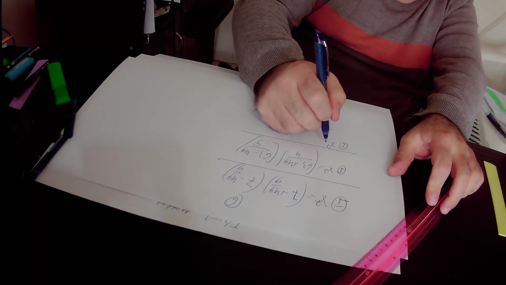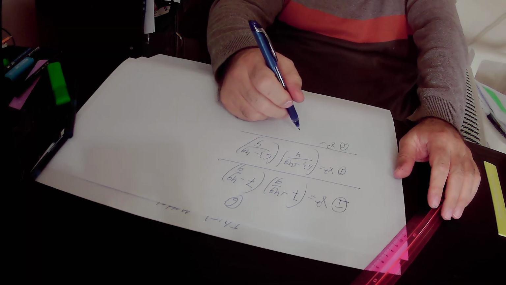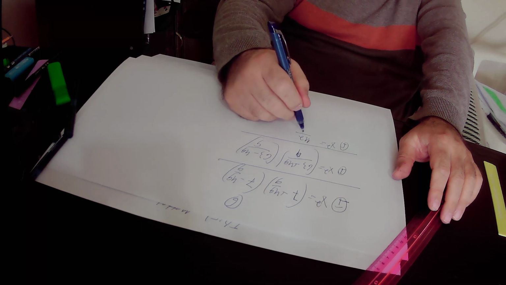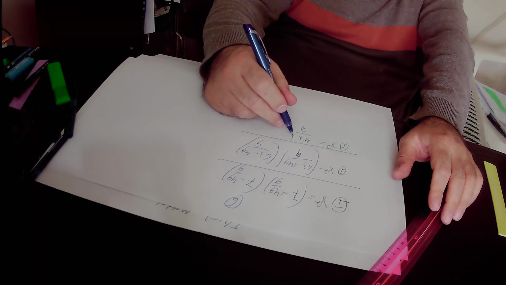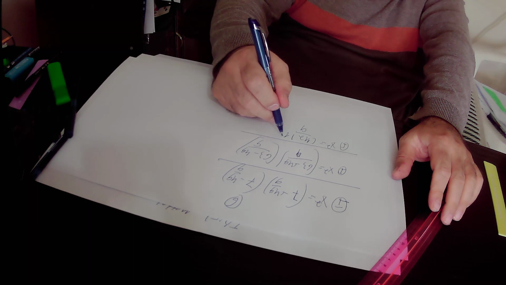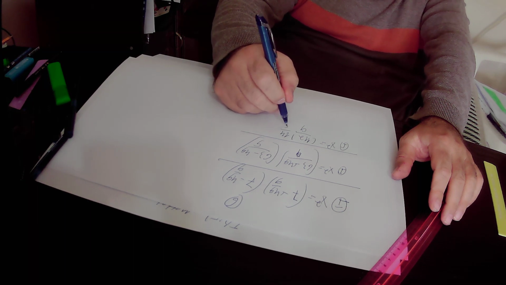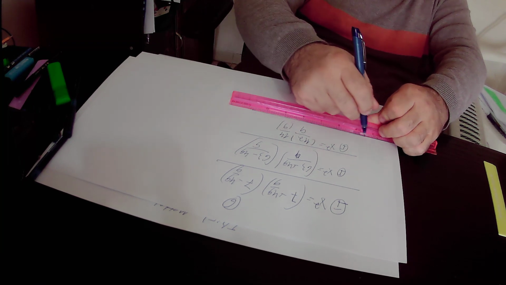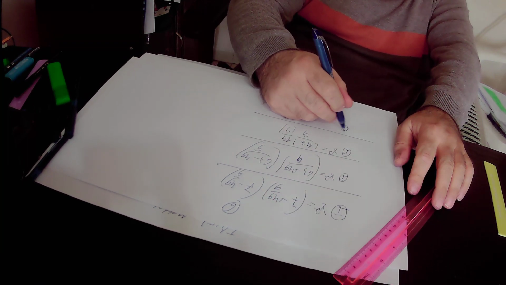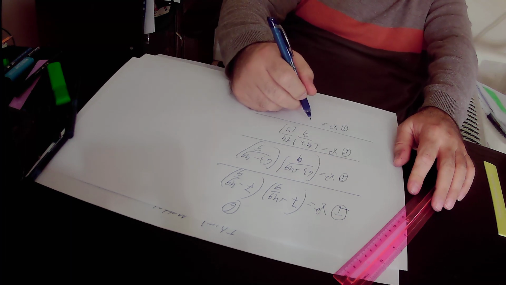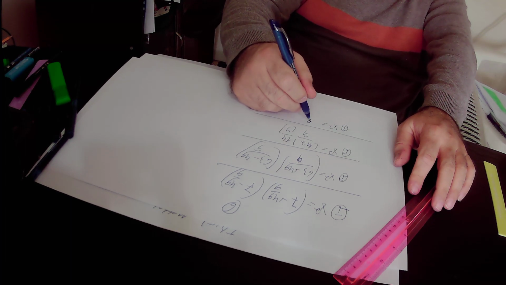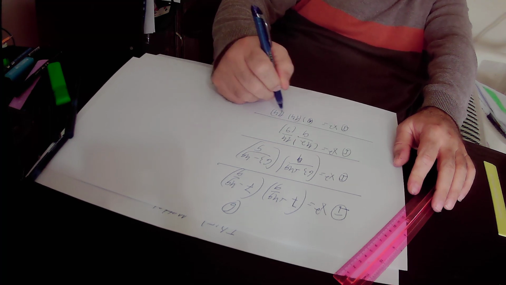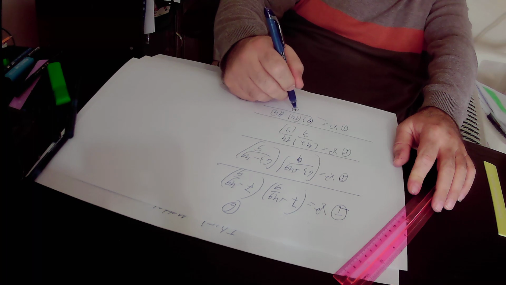So x squared equals to 63 plus 49 is 112 over 9, and 63 minus 49 is 14 over 9. We know that 112 is 14 times 8, so I write it down. X squared equals to 8 times 14 times 14 over 9 times 9.